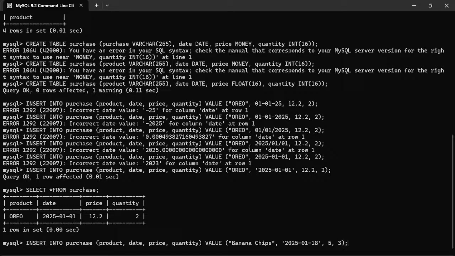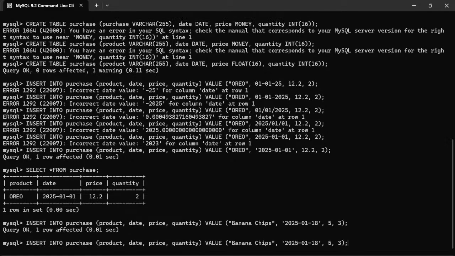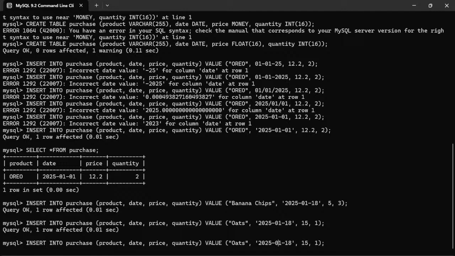Okay, 3. That's also possible. After it, oats on the same date. Let's say I have used 50 and 1 quantity. Yeah, that's fine.